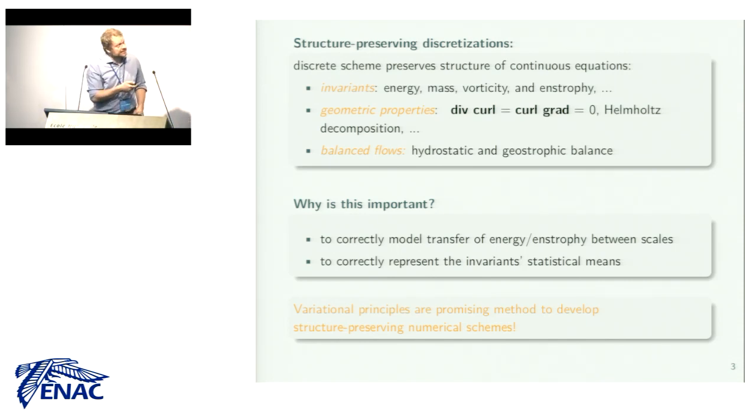So this is why it is important, and here variational methods come into account because they are very promising in developing these structure-preserving methods. And what we see later is we can also come to some efficient methods, not finite element methods, but mass matrix free elements. So they are more efficient than standard finite element approaches. So we hope so.